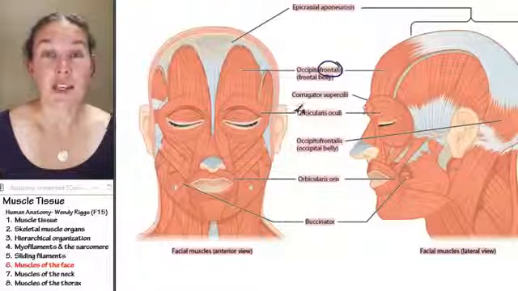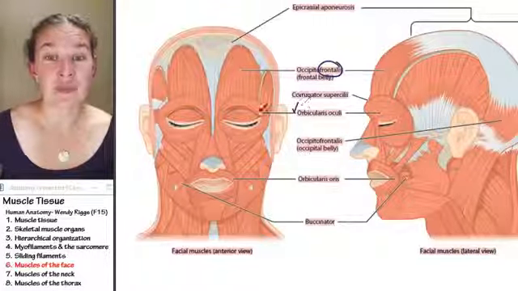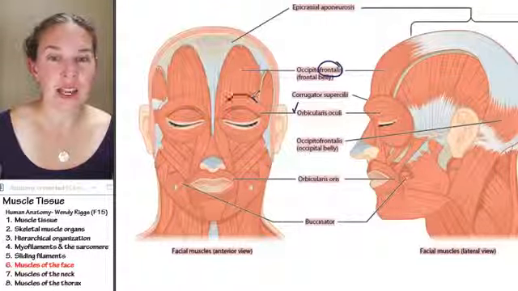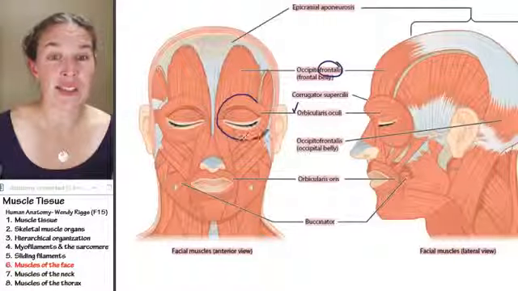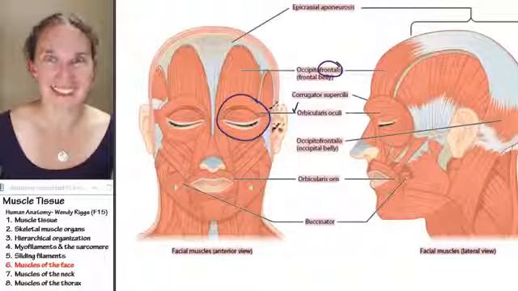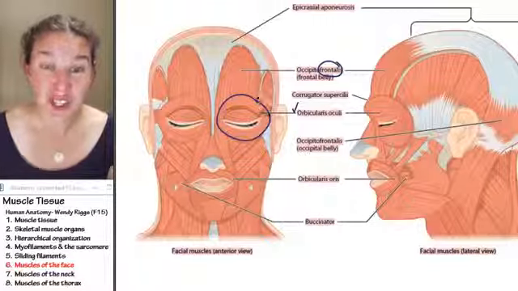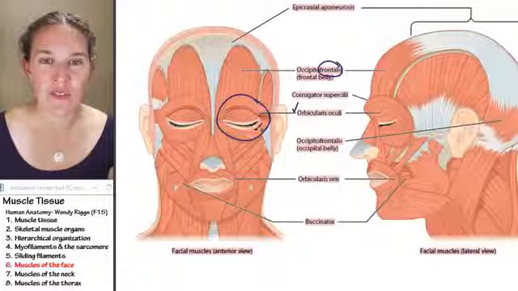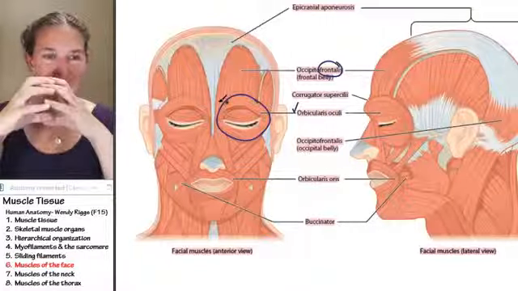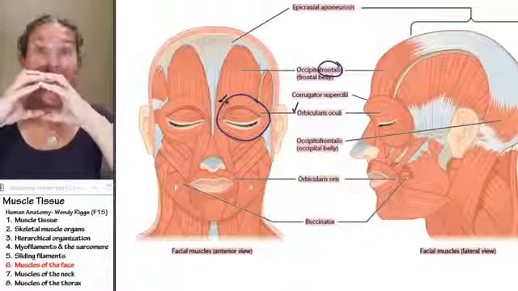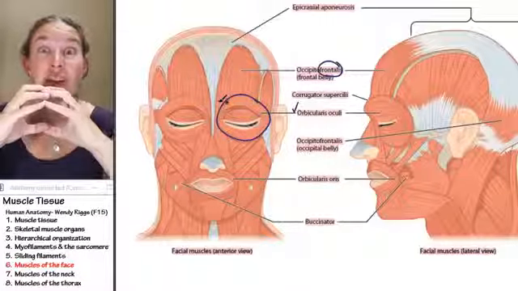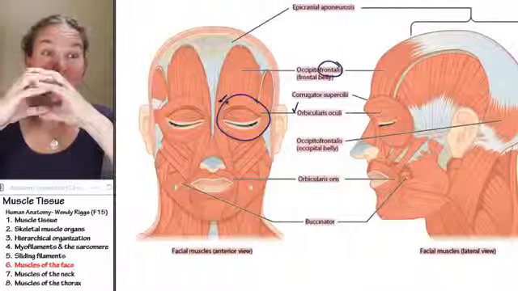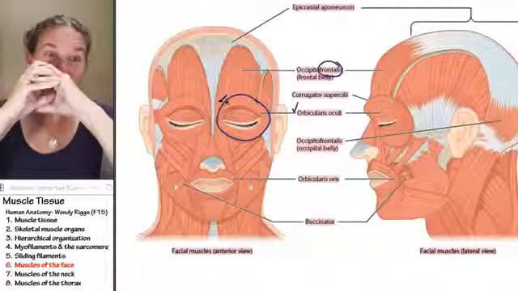Okay, orbicularis oculi. Look at this one. Orbicularis oculi surrounds, like an orb, a circular muscle around the eye. Guess what orbicularis oculi is going to do if those muscle fibers shorten? Now think about this. Here's the muscle. Imagine all your thick and thin filaments overlapping each other and the fibers shorten.